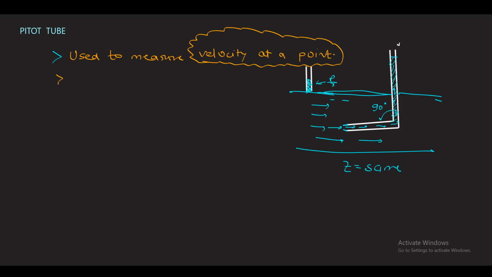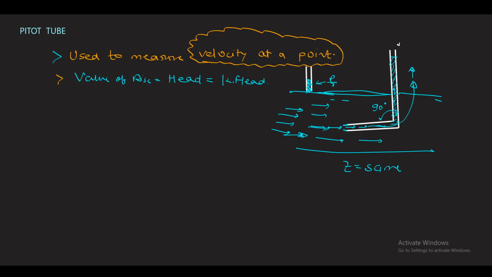Now the principle behind the pitot tube is that when a flowing fluid is brought to rest, there is a rise in the liquid, and the value of the rise, or head, is nothing but the kinetic head.